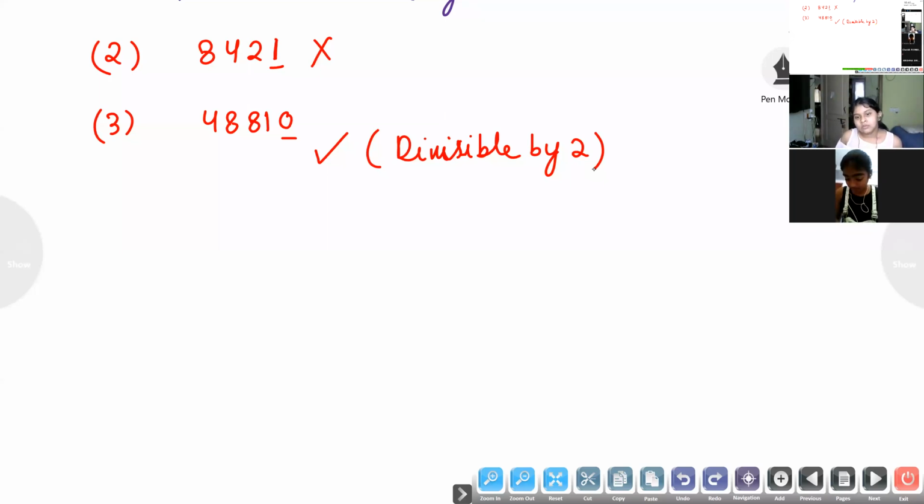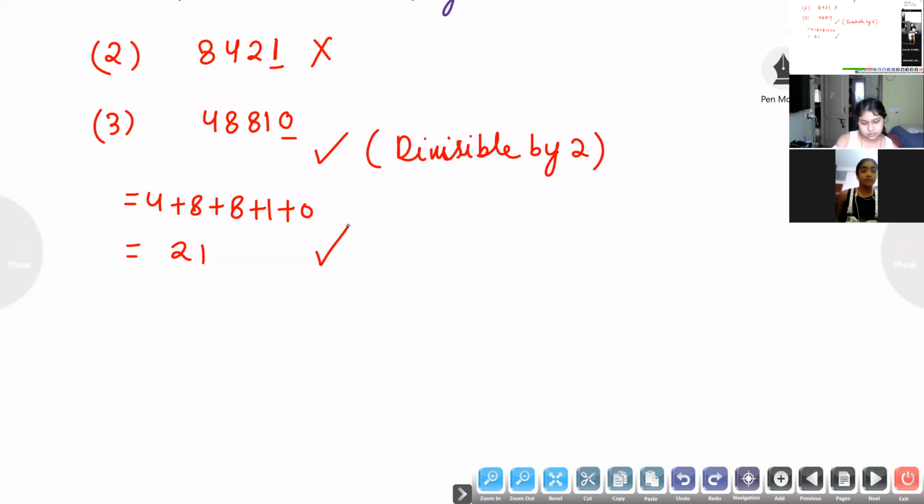Then how to check? 4 plus 8 plus 8 plus 1 plus 0. 4 plus 8, what will come? 12 plus 8, 20 plus 1, 21 is equal to 21. 21 is divisible by 3. 3 7 are 21.